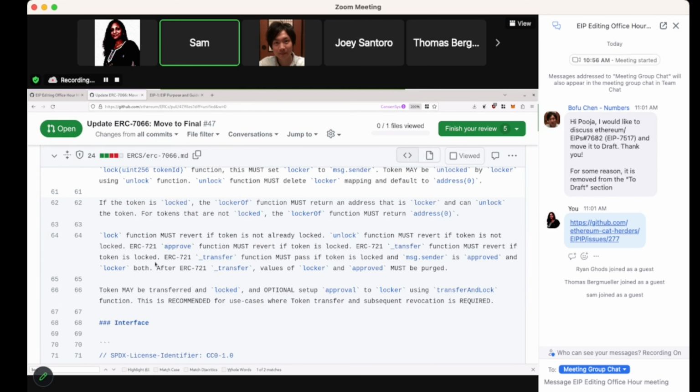Unlock function must revert if token is not locked. That makes sense. ERC 721 approve function must revert if token is locked. ERC 721 transfer function must revert if token is locked. ERC 721 _transfer function.